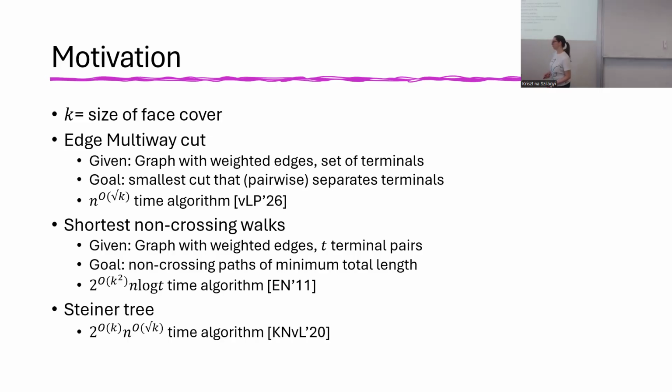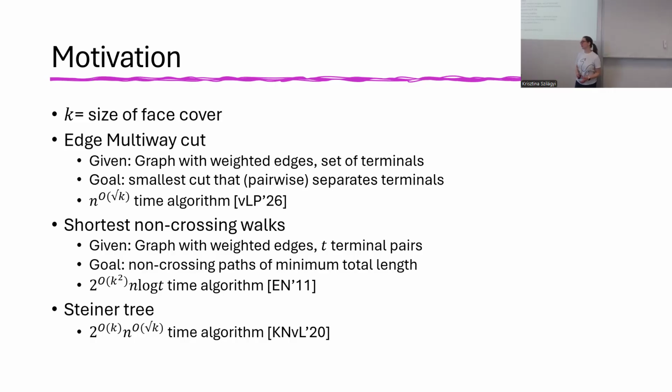Also for Steiner tree, there is a 2 to the k times n to the square root of k algorithm. And there are also many other examples, because very often if we have some problem with terminals on a planar graph, it becomes much easier if we know that the terminals all belong to one face or to a small number of faces.